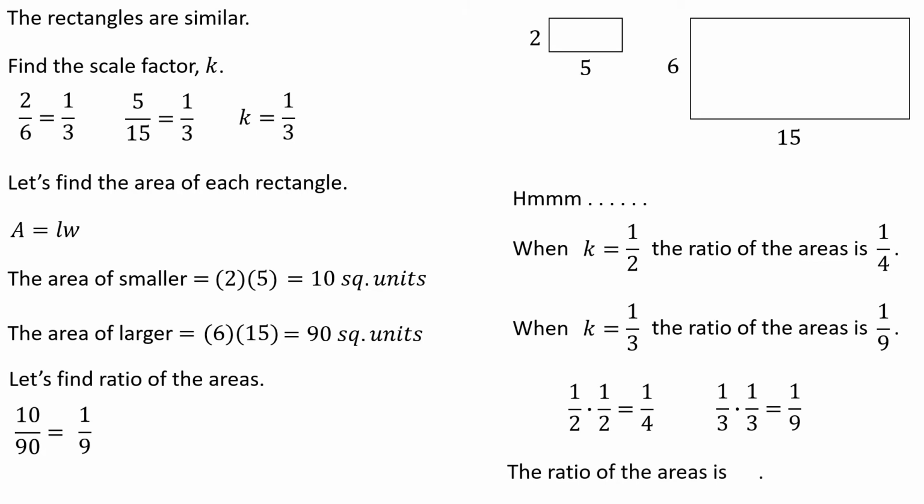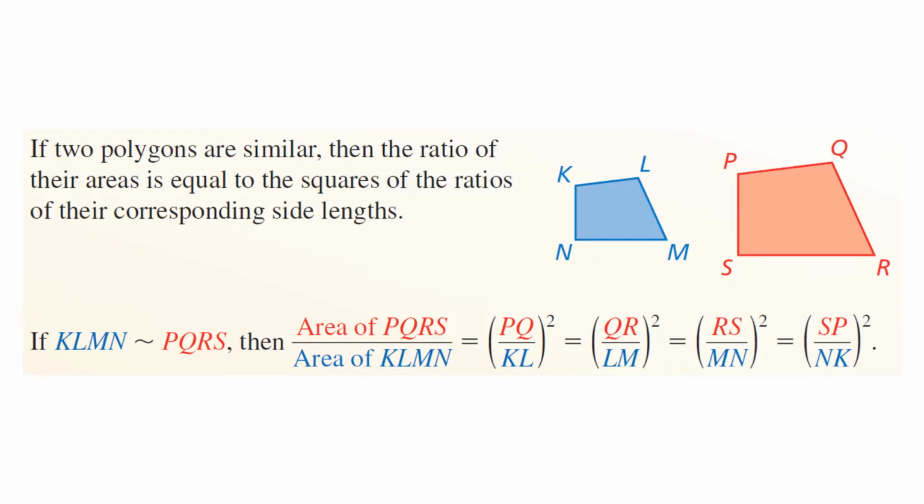So the ratio of the areas is k squared, right? If I know scale factor k, I square it to find the scale factor for the areas. All right, if the polygons are similar, the ratio of the areas is equal to the squares of the ratios of their corresponding side lengths.